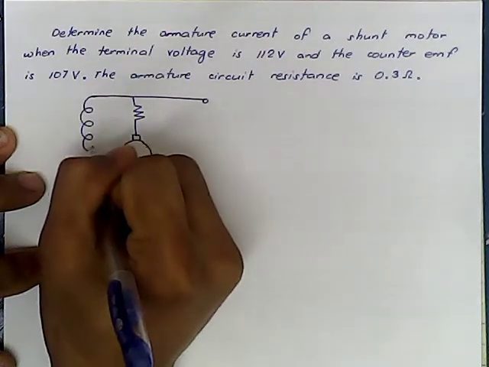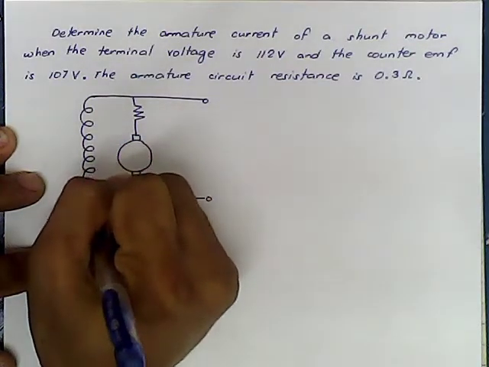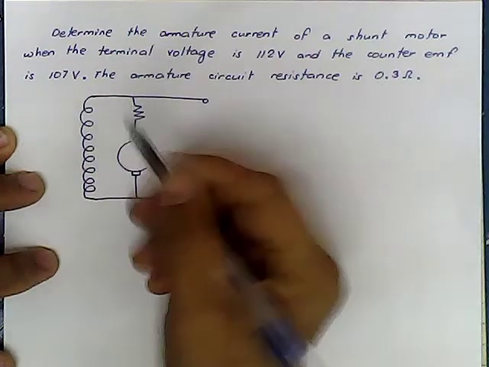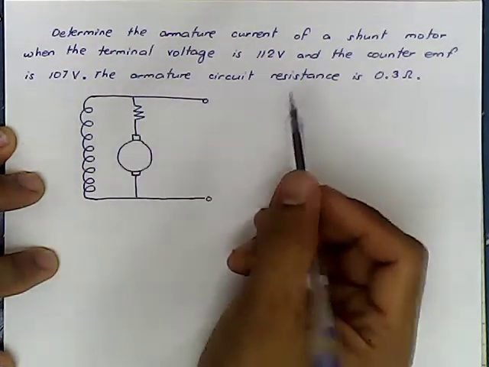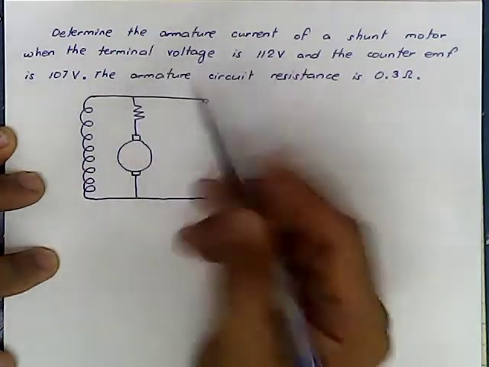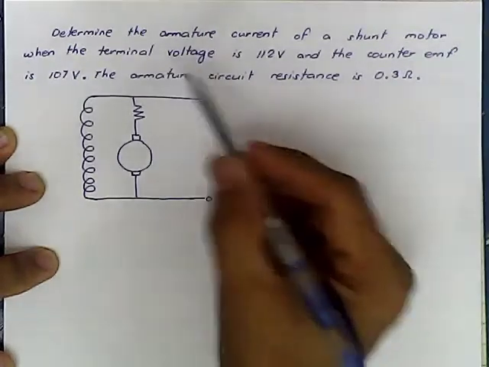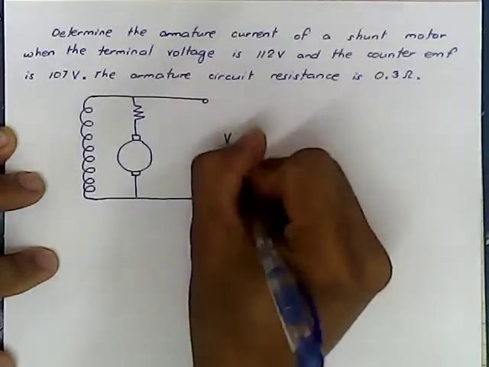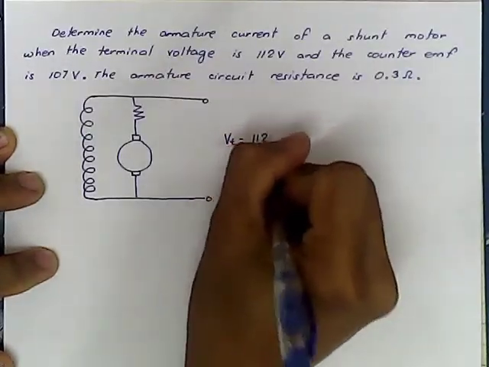With this problem, no value was specified for our RSH because we do not need it here. The terminal voltage is VT equal to 112 volts.